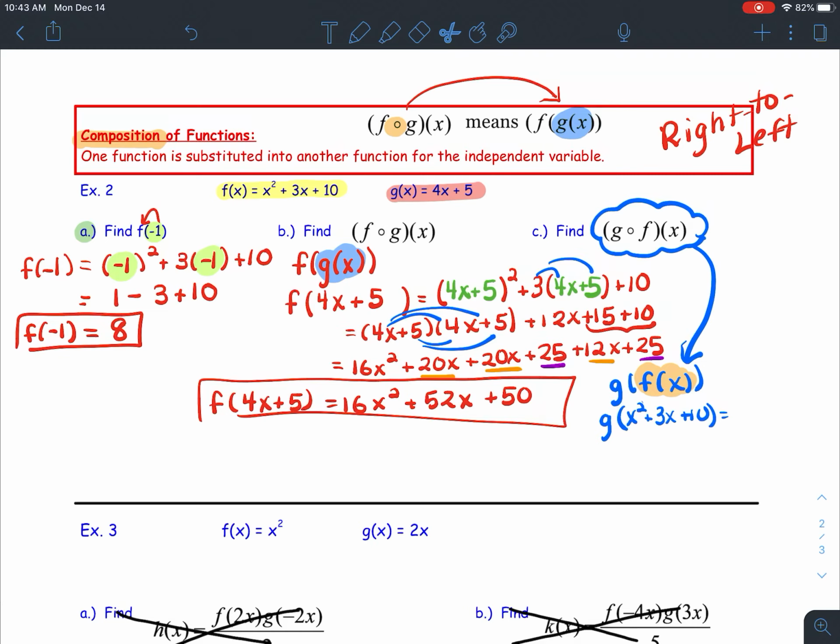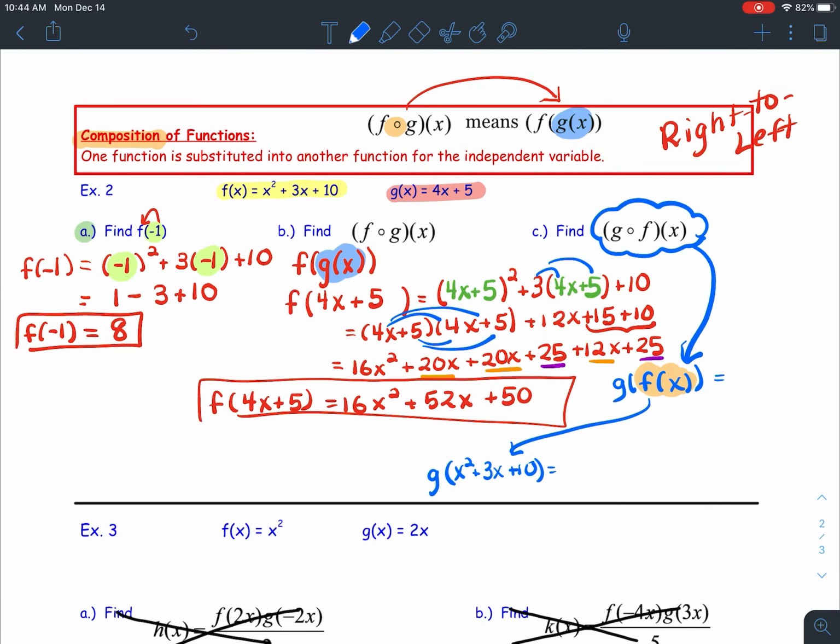Okay, I'm going to slide this over a little bit more on this side here. Whoops, I took that g with me here. Okay, so this would be our next step. All right, now, remember how this works. Whatever's in the parentheses, you're working from right to left. This x squared plus 3x plus 10, I'm going to substitute that whole trinomial into equation G. So I look up here in the directions. I'm substituting this into equation G right there where you see an x.